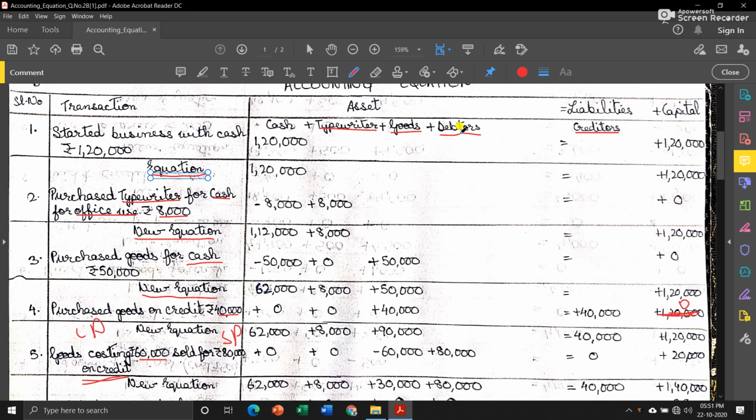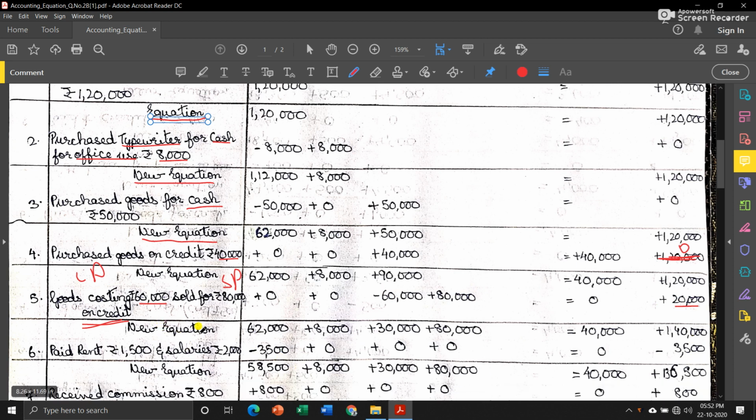Since this transaction was credit, the business will receive this 80,000 in future, so we wrote on the asset side 80,000, and SP minus CP is our profit. Profit we will add in our capital column, that is 20,000 we will add on this side.